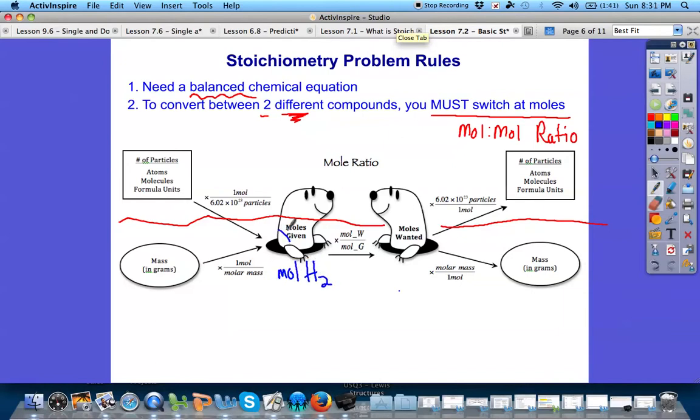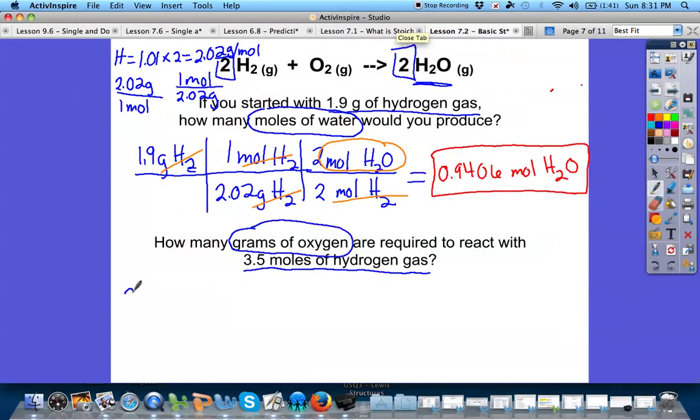So this is going to be our starting place. And we want to find grams of oxygen, so we're going to go to here. So we're going from moles to grams. So we're going to start with that 3.5 moles of hydrogen.